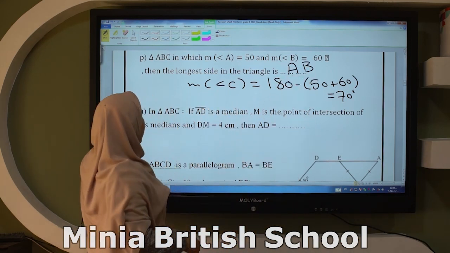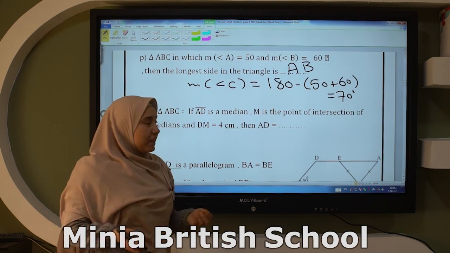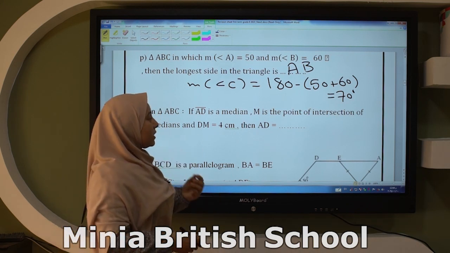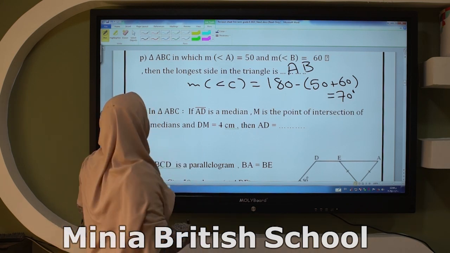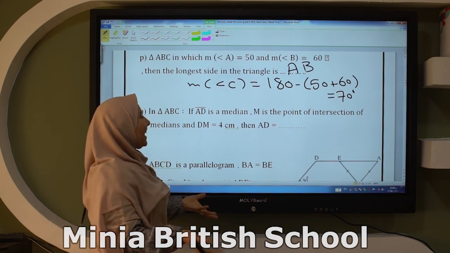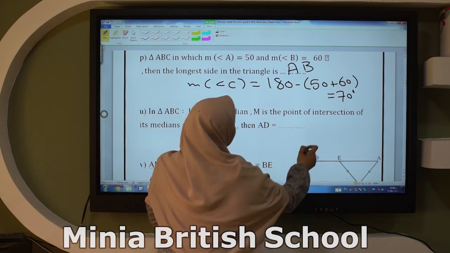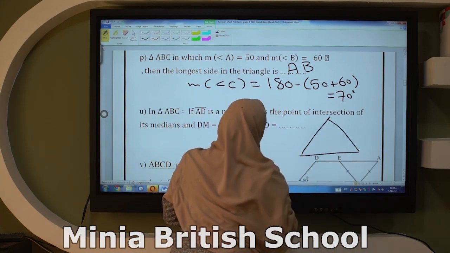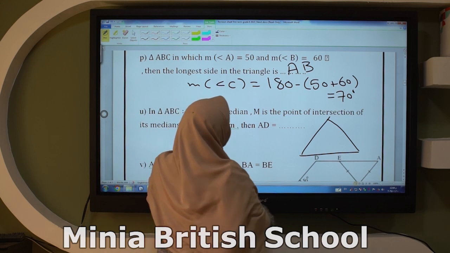The next one, in the triangle ABC, AD is a median, M the point of intersection of its medians, and DM equals 4 centimeters, then AD equals what? Here I will draw the triangle ABC.